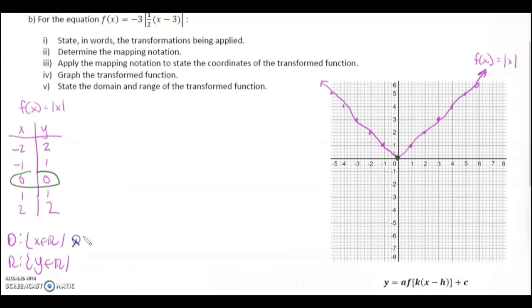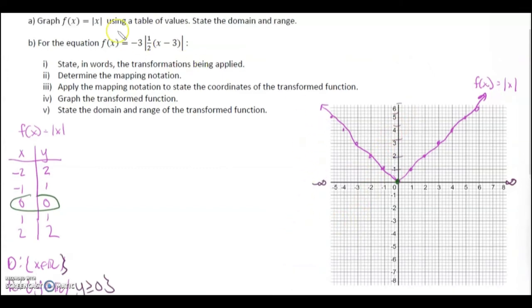So we're going to go x is greater than or equal to 0 and y is greater than or equal to 0. No, I'm lying. XER. What am I doing? Sorry, y is greater than or equal to 0. So XER, because it's going to go to -infinity and into infinity. And then the y's go up forever, 1, 2, 3, 4, 5, 6, and up forever.